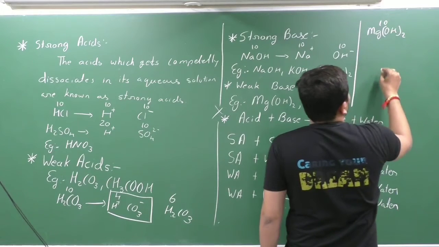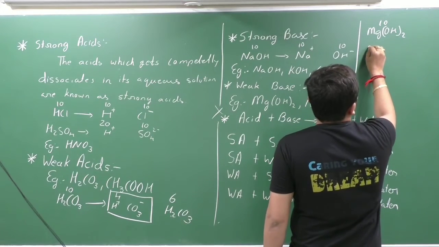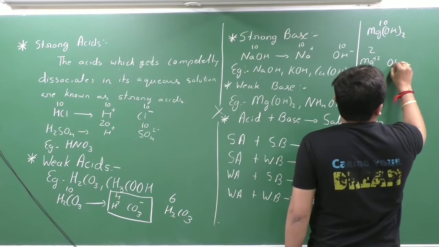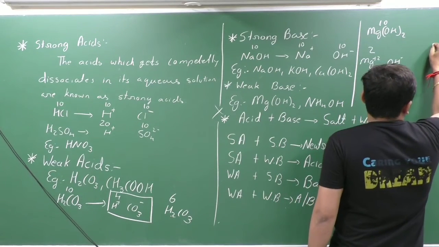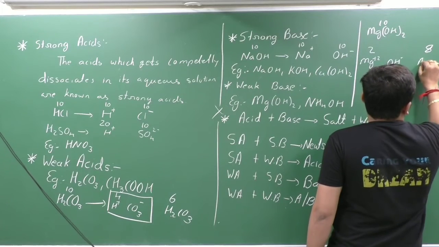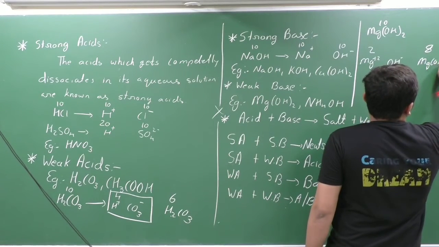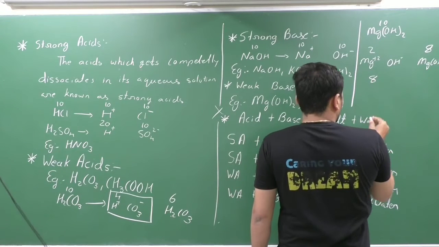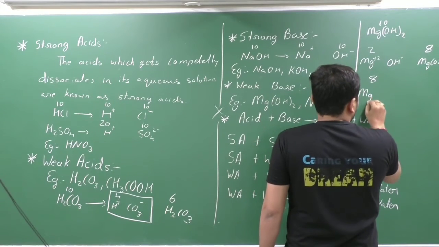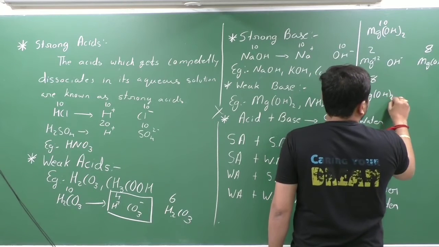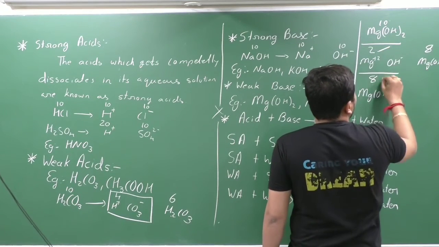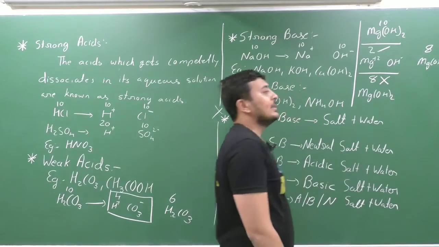Suppose out of 10 Mg(OH)2, only 2 Mg(OH)2 get divided into Mg2+ and OH-, and the remaining 8 Mg(OH)2 remain as they are. So out of 10, 2 get divided and 8 do not get divided.